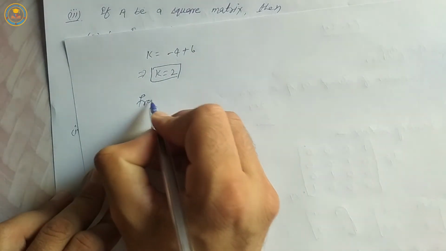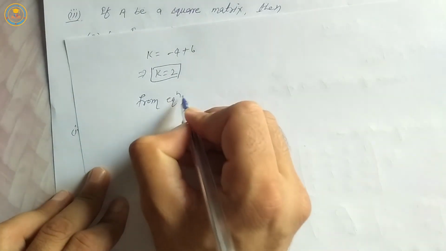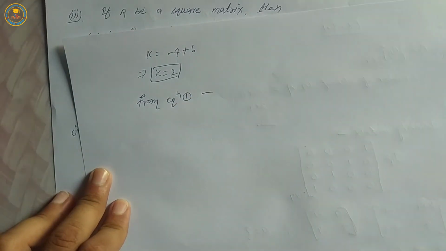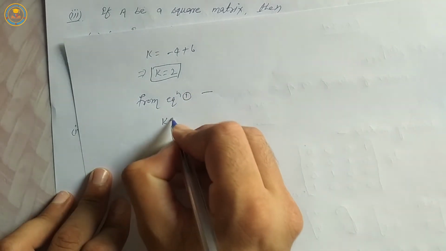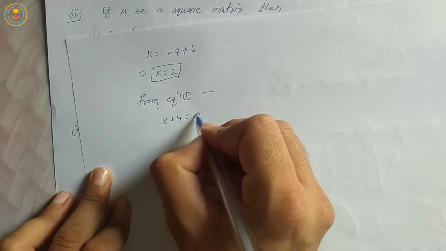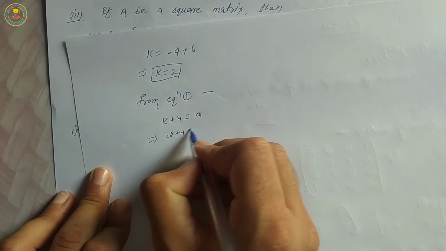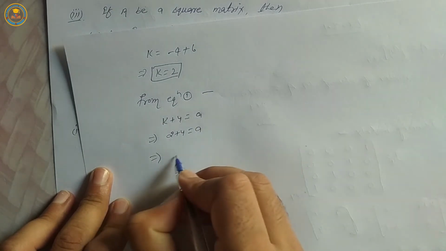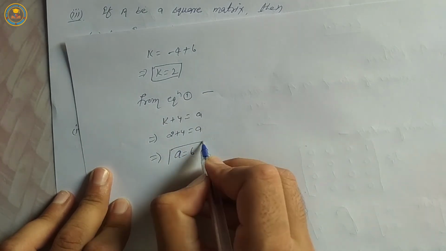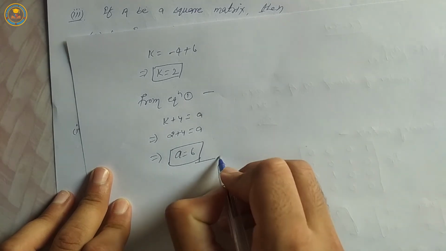From equation first, k plus 4 is equal to a, so 2 plus 4 is equal to 6. It means a is equal to 6. That is the answer.